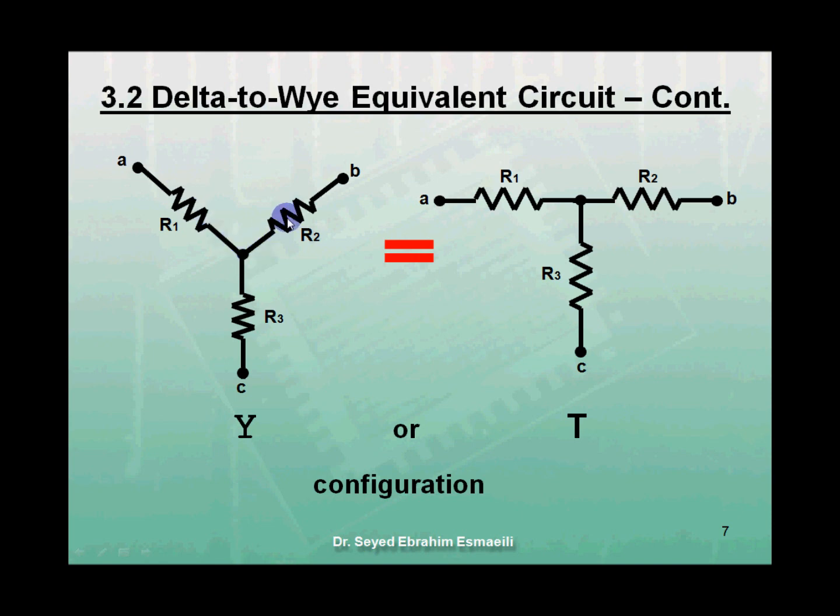Resistors R1, R2, and R3 in the circuit shown are referred to as a Y interconnection because the interconnection looks like the letter Y. The Y configuration is also referred to as a T interconnection because the Y structure can be shaped into the T structure without disturbing their electrical equivalence.